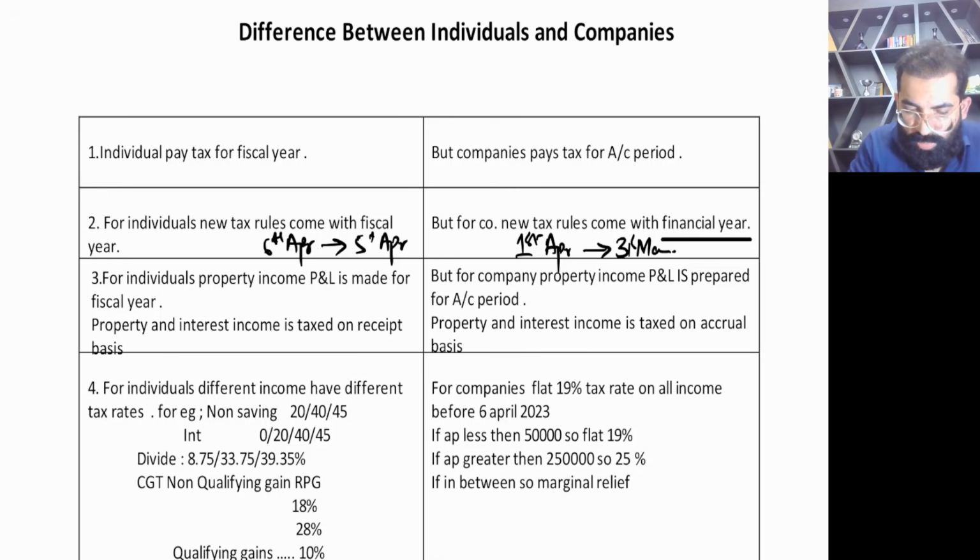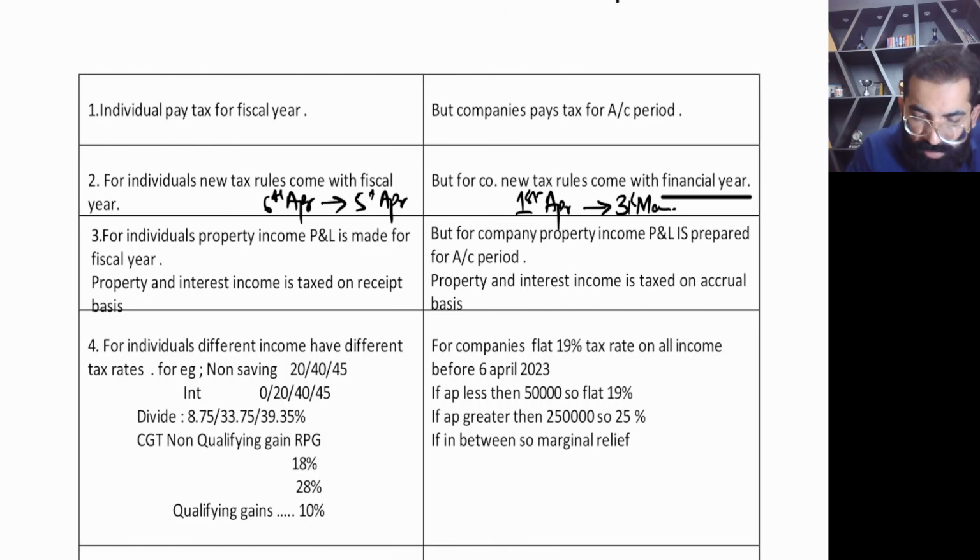Okay, now number 3, for individuals, property income P&L is made for the fiscal year. Even almost all P&Ls of individuals except trading income are made for the fiscal year. Property and interest income is taxed on receipt basis. Yes, I have already told you this.